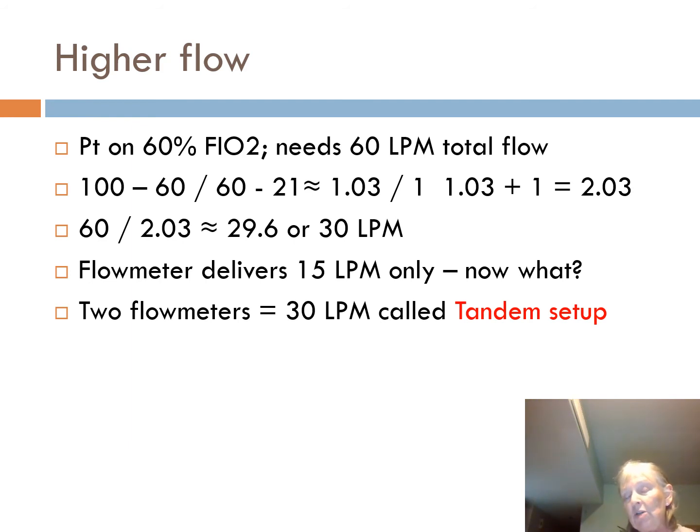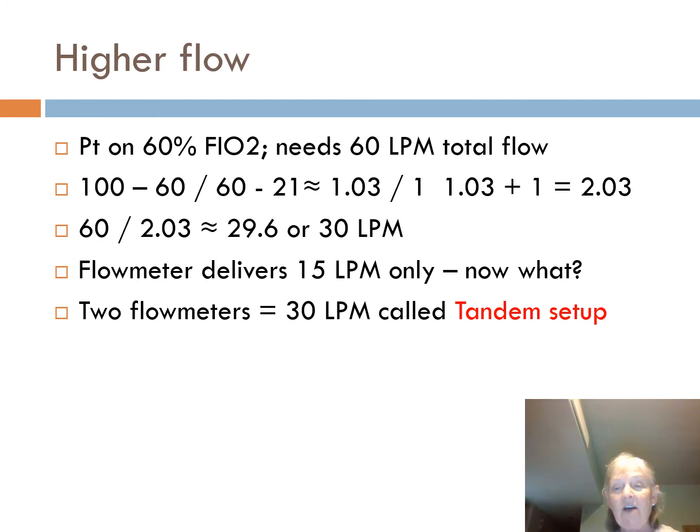And what I'm going to do is take two large volume nebulizers, because this has to be a large volume nebulizer. I'm going to set both of the large volume nebulizers on 60% oxygen, and then I'm going to turn each of them up to 15 liters per minute. 15 plus 15 is 30.